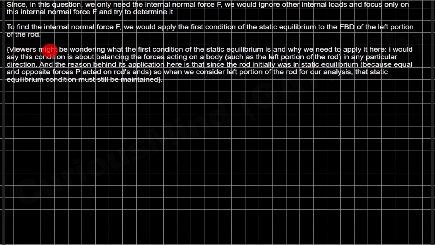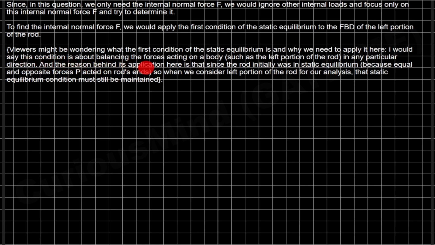Viewers might be wondering what the first condition of the static equilibrium is and why we need to apply it here. I would say this condition is about balancing the forces acting on a body, such as the left portion of the rod, in any particular direction.